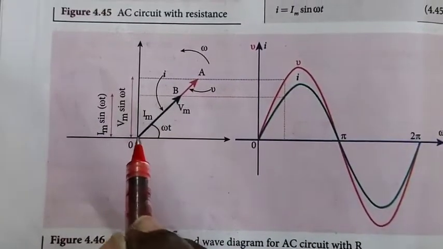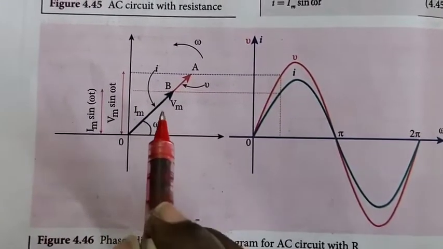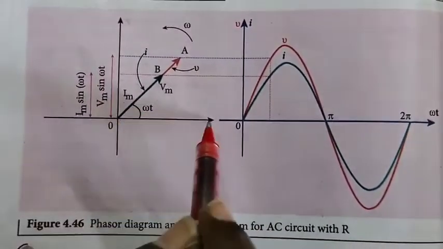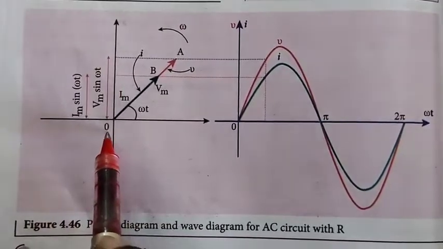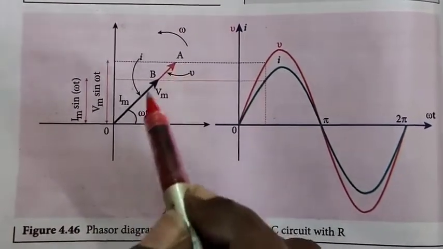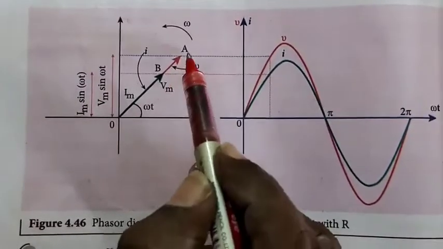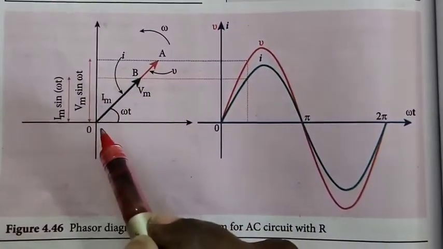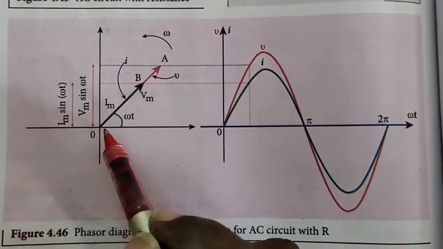Now we will see the phasor diagram of R containing AC circuit. So we have to draw the x-axis and y-axis. First of all, we have to draw for voltage. OA shows the voltage, and OB is called the current.